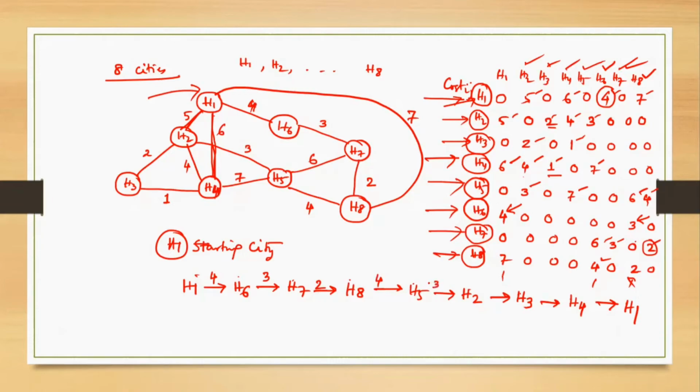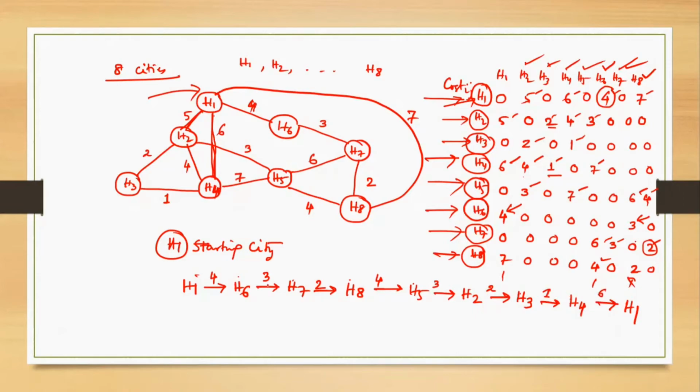It is 3. H2 to H3 is only 2. Then H3 to H4 is a unit distance, that is only 1. Then H4 to H1 is 6.